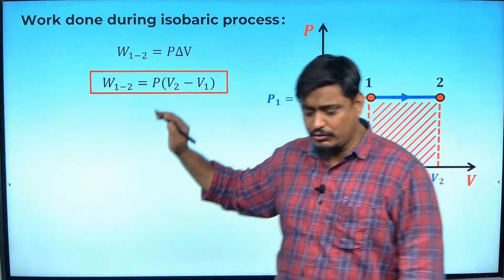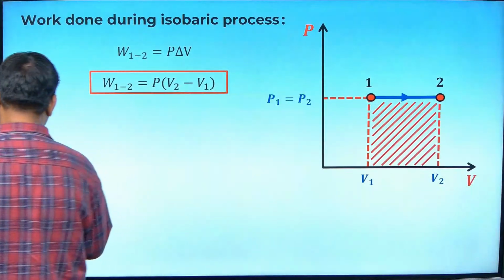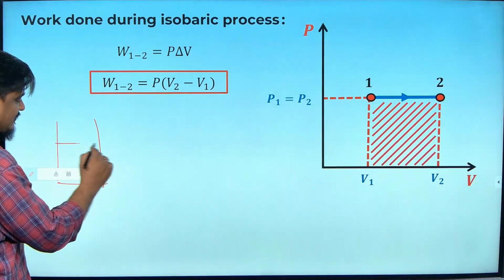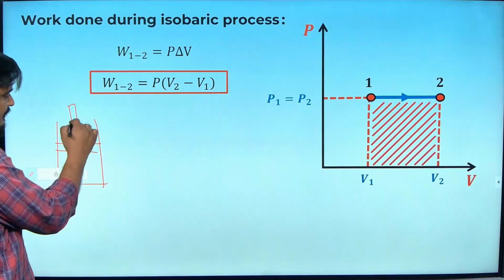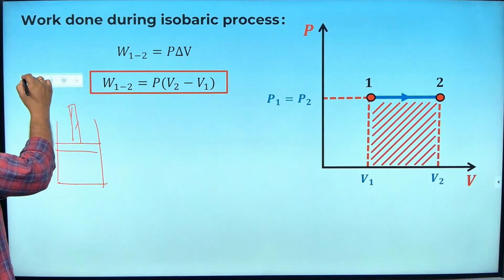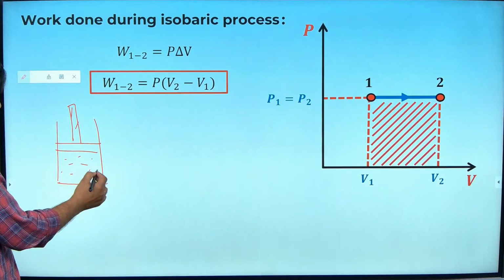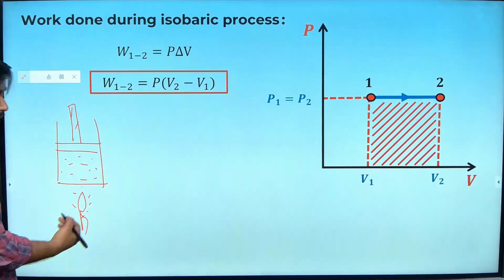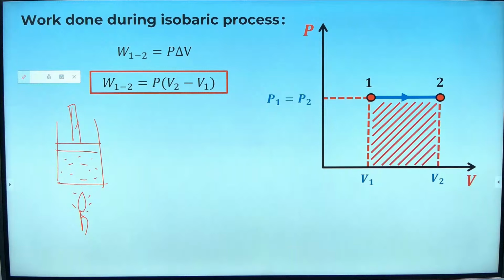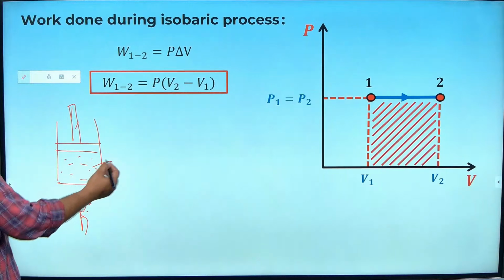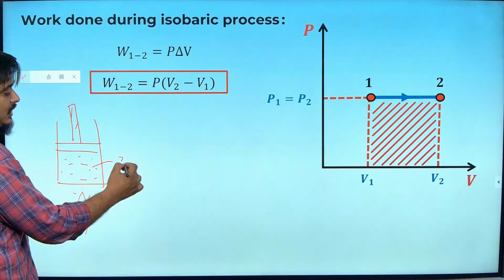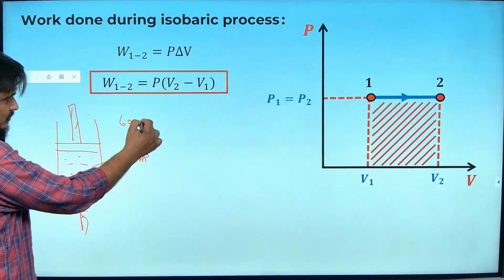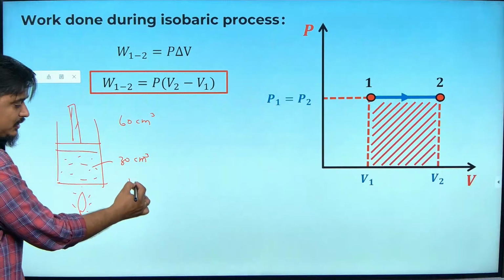Suppose how the question can come, if I am having a container, in this container I have some gas. For example, if I am having oxygen gas and it is having some volume, and you are supplying heat to it and trying to maintain constant pressure, and the volume of gas has increased from 30 centimeter cube to 60 centimeter cube, what is the work done?